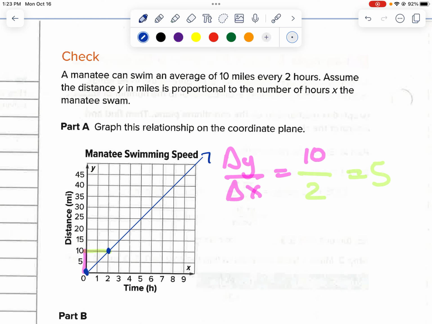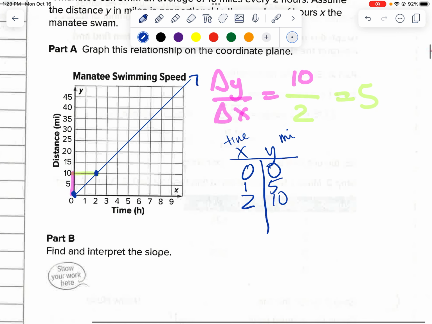What you could also do, if you're not as comfortable with that, is say this is time and this is miles. And at 0, 0, at 2 hours, you can go 10 miles. So that means 1 mile would be 5. And then you could draw a graph.